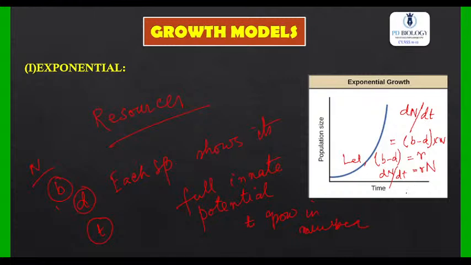So the integral form of the exponential growth equation is Nt equals N0 e^rt.